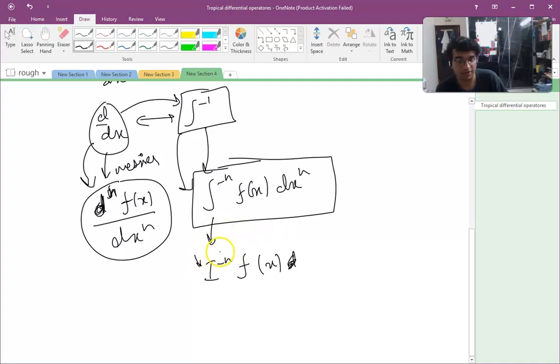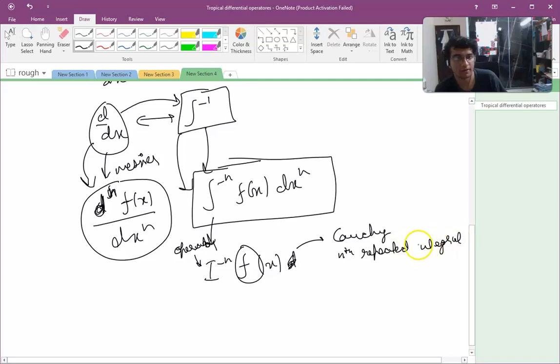If we pretend that I here is the operator that acts on a function f, then this guy named Cauchy derived the nth repeated integral formula.